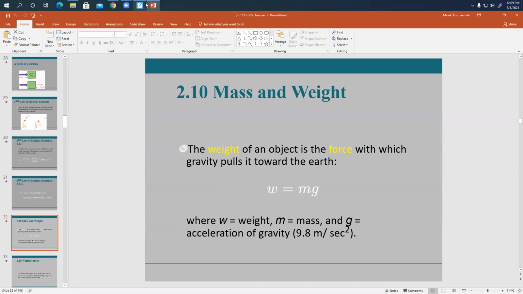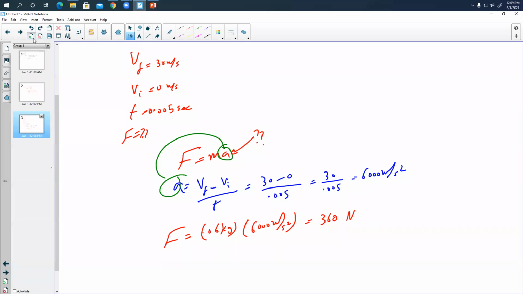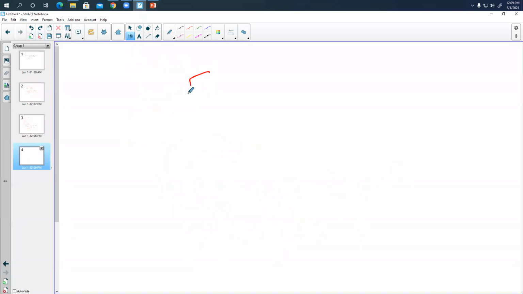We had F equals ma. So when you talk about gravity, your weight, you're talking about W. W equals your mass, and now your acceleration becomes your gravity, so it's your mass times your gravity.